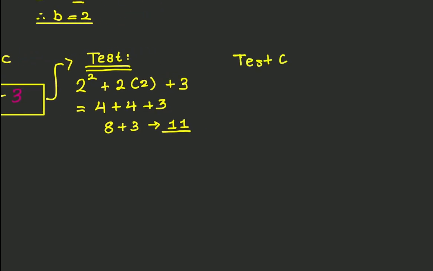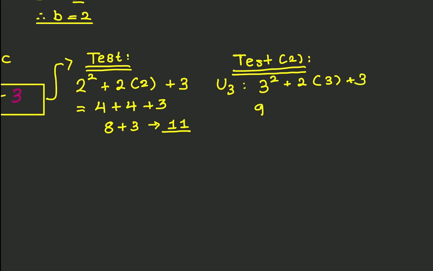This is test number 2. Let's see what happens if we have the third term. So 3 squared plus 2 multiplied by the third term plus 3.